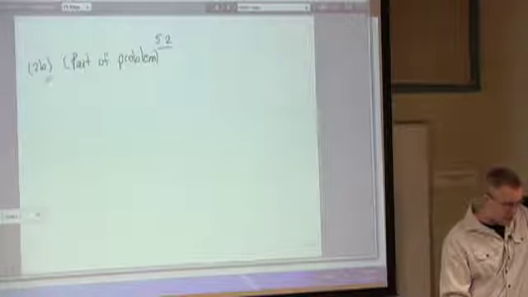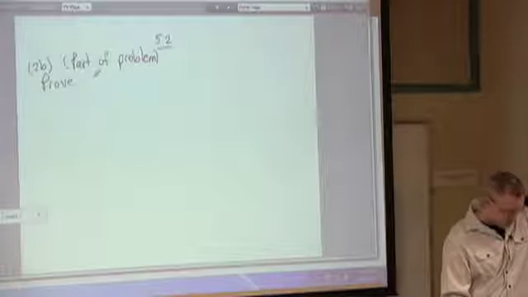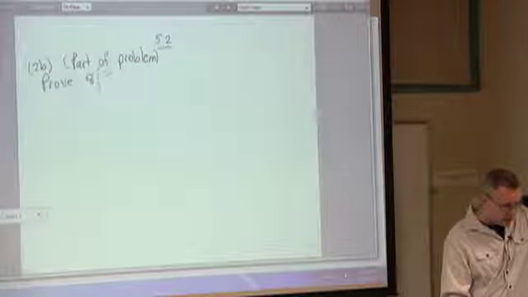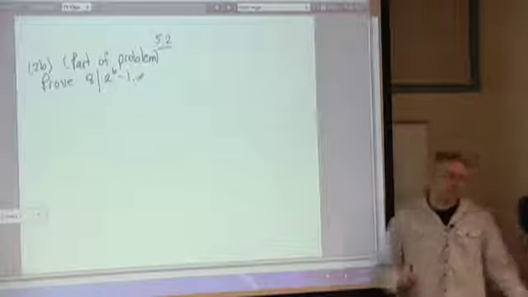It essentially amounts to you proving that 8 divides a to the 6th minus 1, right? We talked about this a little bit last time.